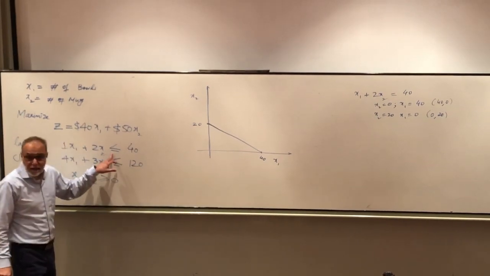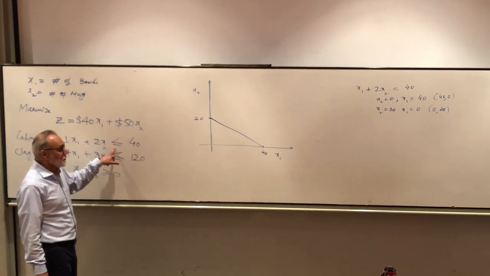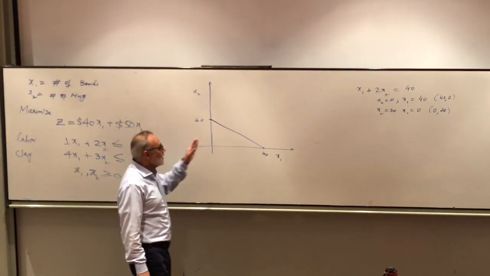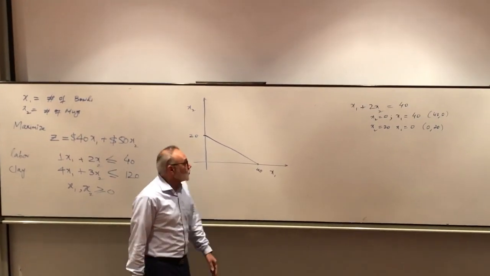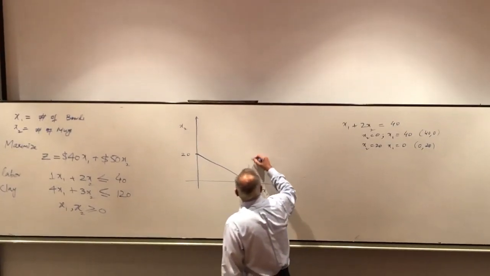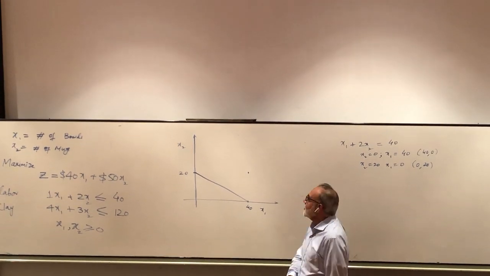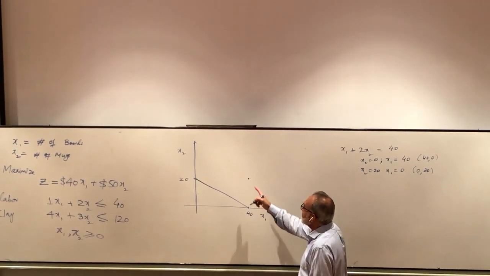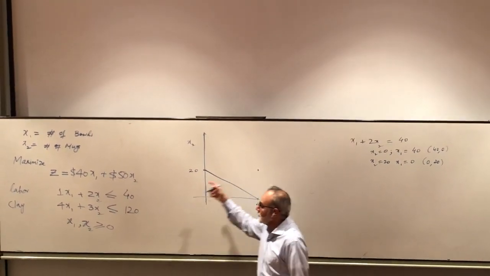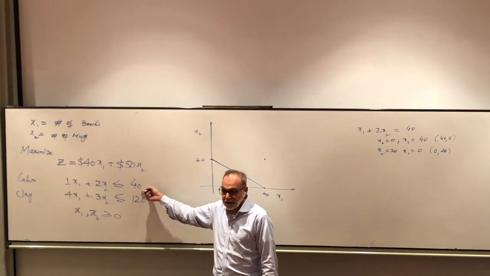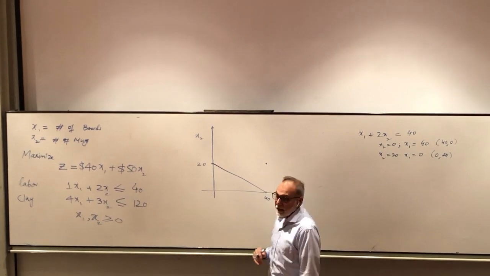Now since it is less than or equal to, this constraint is valid on this side or this side? Down. So for example, if we have x1 equal to 40 and x2 equal to 20 here, it will be more than 40, which means that it is invalidating the constraint.